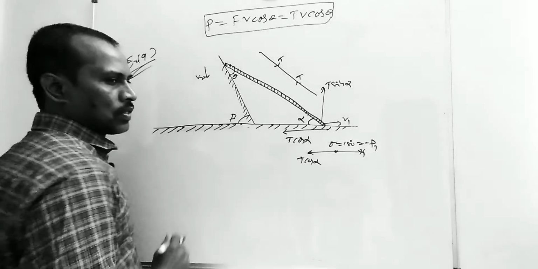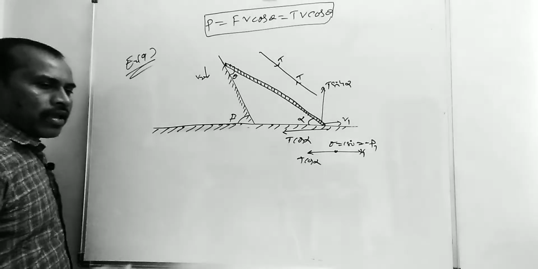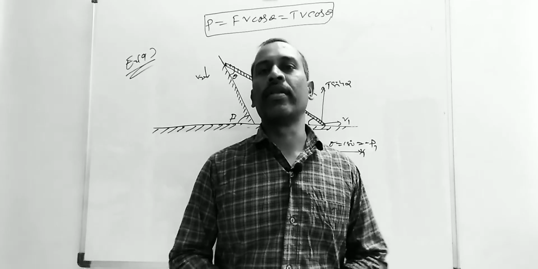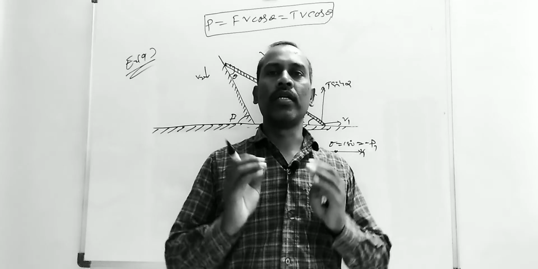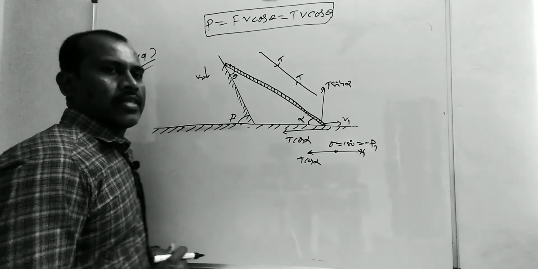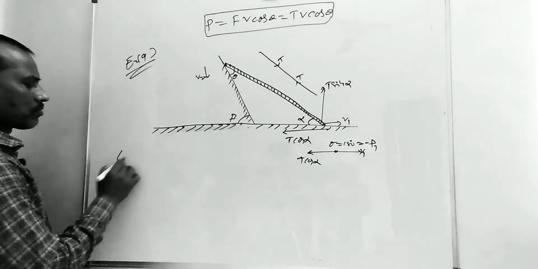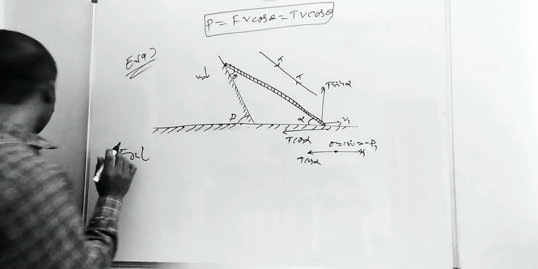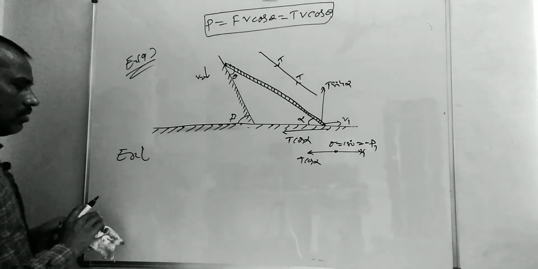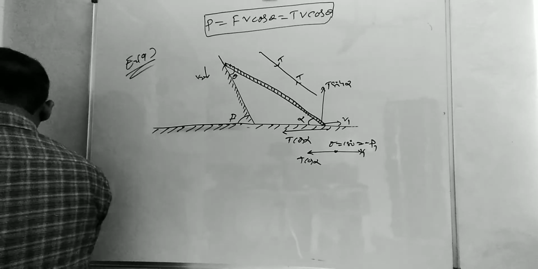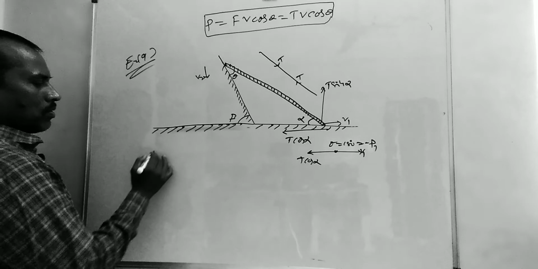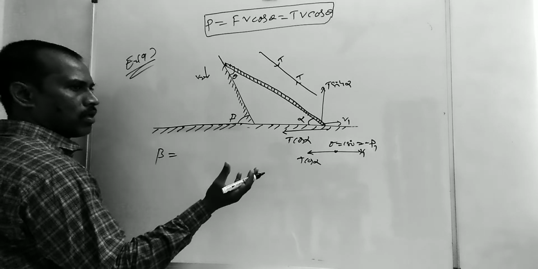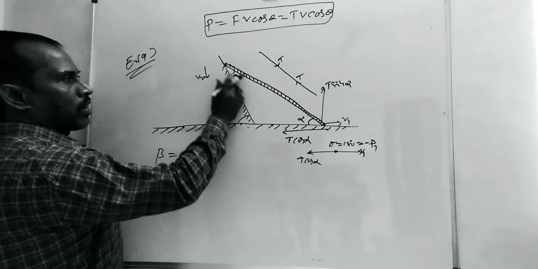Beta is an exterior angle, and the exterior angle is equal to the sum of the opposite interior angles. The interior angles are alpha and theta.